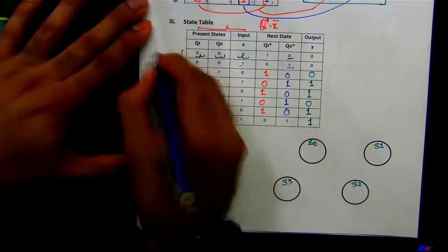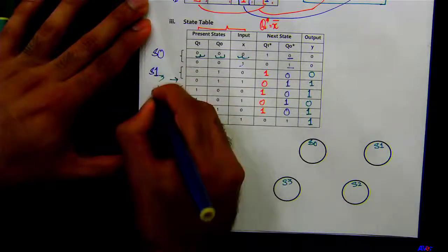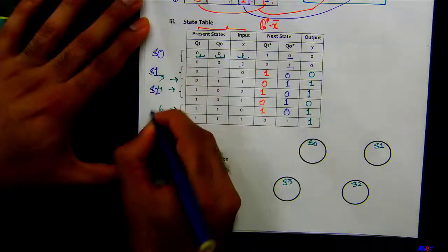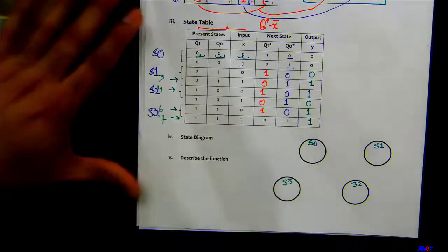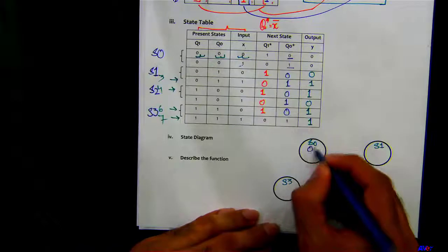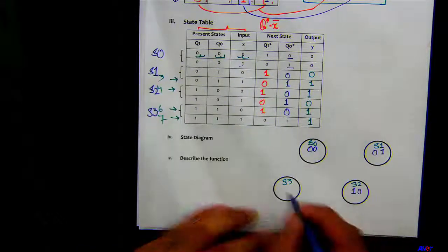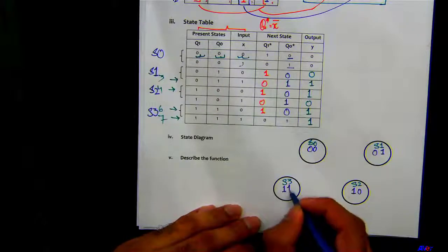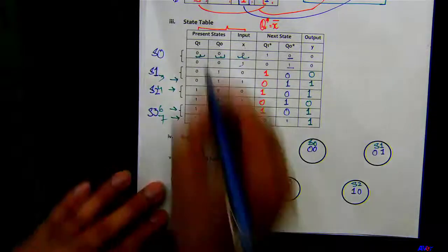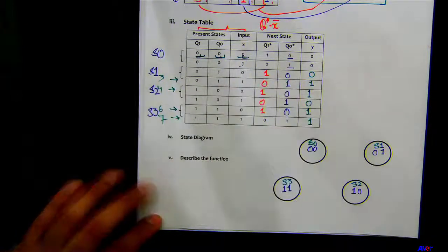Remember, this is your S0 here, this is your S1, S2, and this is your S3. So 0 0, 0 1, 1 0, and 1 1. If present state is 0 0, X is 0, what is the next state?